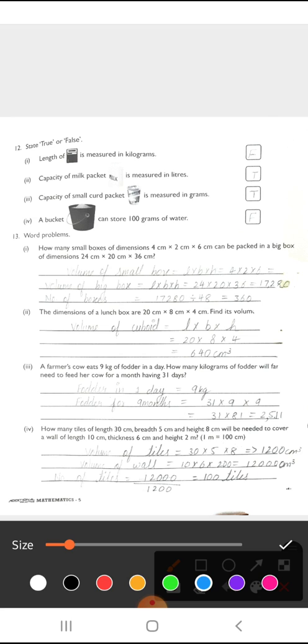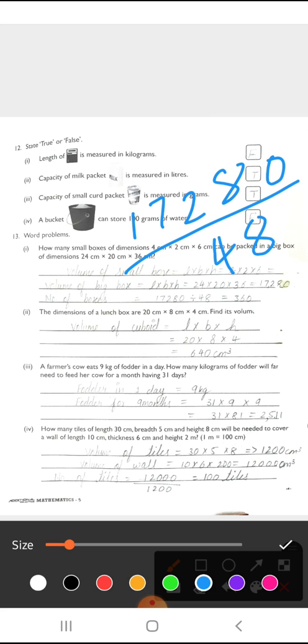So for this we will divide 17,280 by 48. So we will divide these two numbers and what we will get? We will get 360. So we can say that 360 small boxes can fit in the large box. This is question number 1.